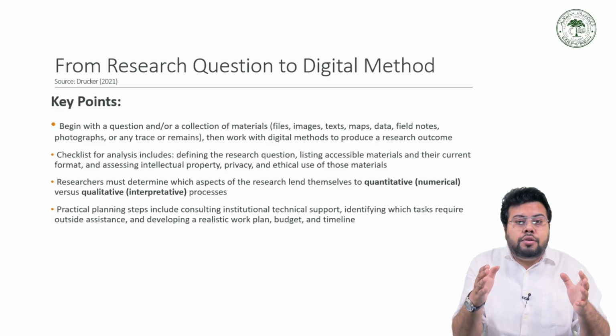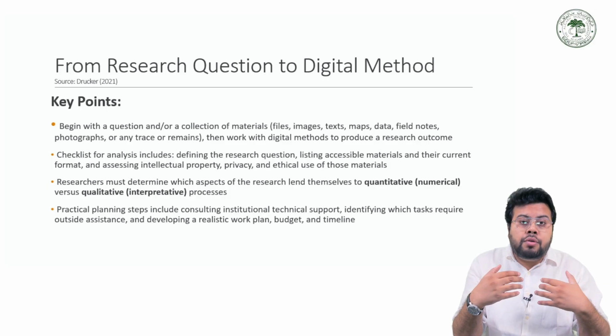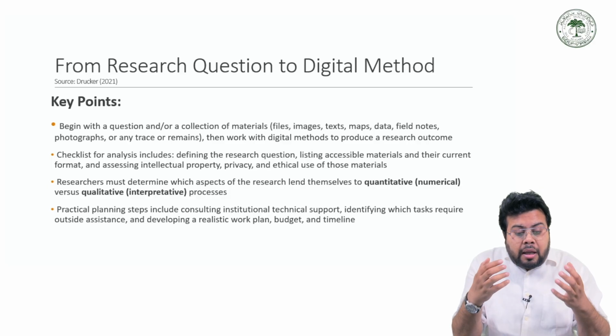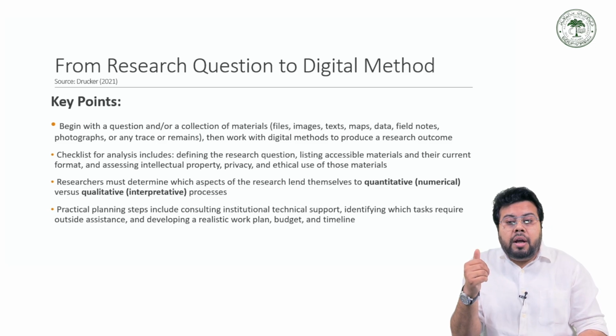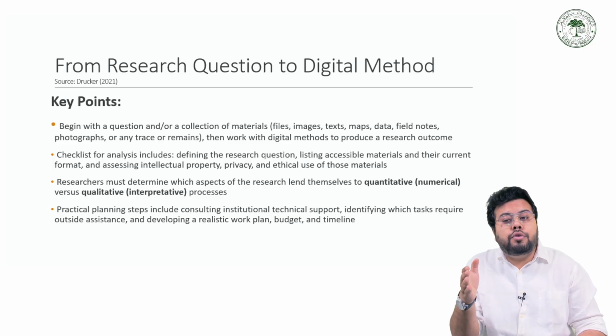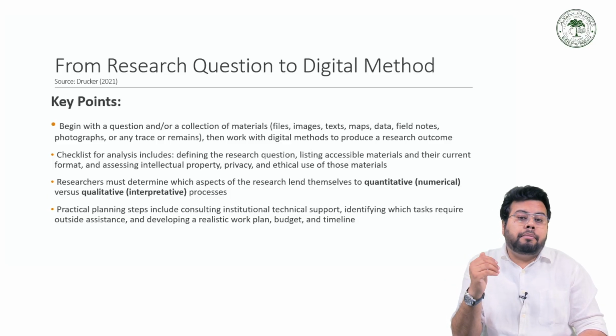So students do not bother to think about these things, but these are very serious, right? So I would like to repeat that: assess the intellectual property, privacy, and the ethical use of those materials before you do anything else with them.